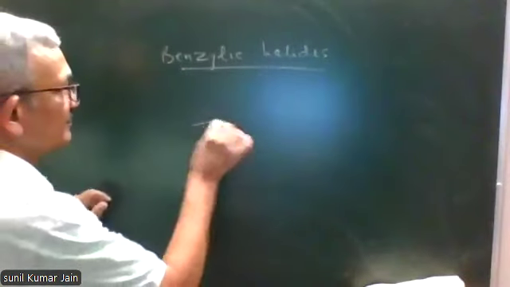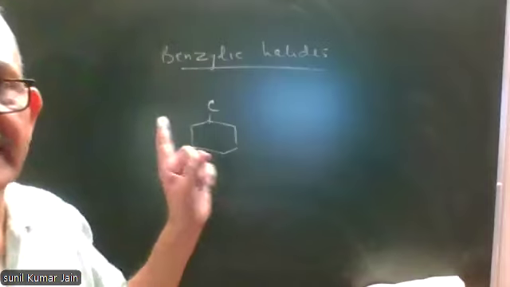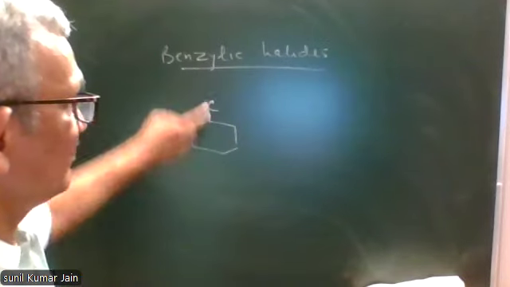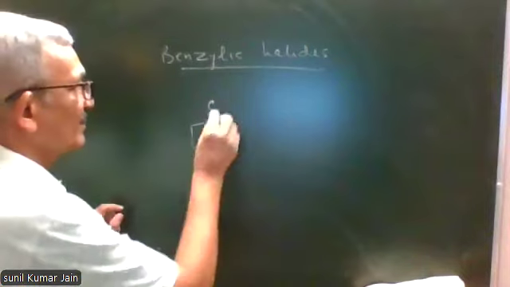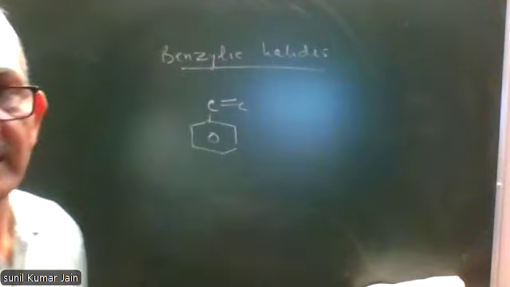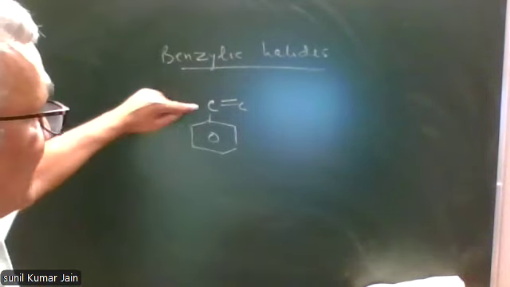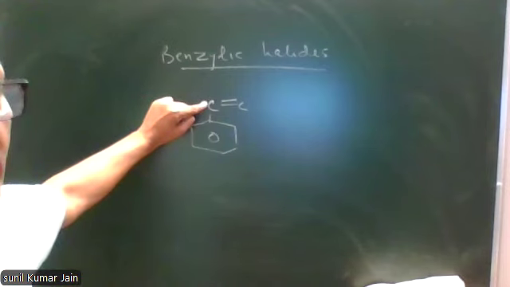For example, this is not benzylic carbon atom because the ring is not benzene ring. This is benzene ring, but this is still not benzylic carbon atom because this is not sp3 hybridized.